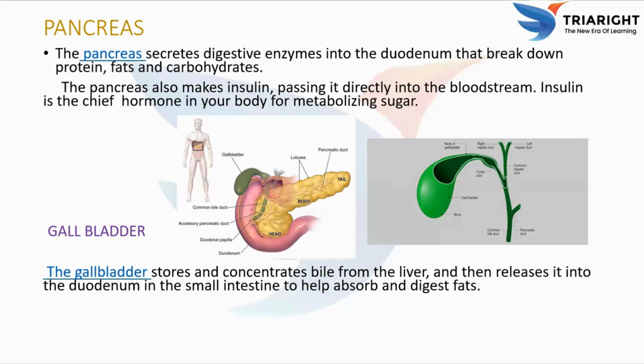From there, bile mixes with the food and helps break down large fat molecules into smaller ones, making it easier for the intestines to absorb the nutrients. So the gallbladder works like a storage and delivery system for bile. It saves bile until it's needed, and then releases it to help with fat digestion, right? And this is all about the gallbladder.